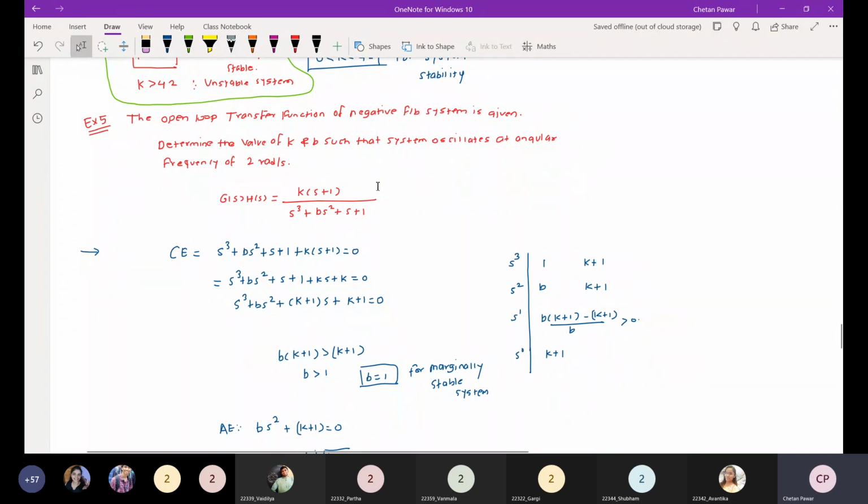They have also given the angular frequency of oscillation, omega n, that is 2 radian per second. We need to find the value of k and b such that the system oscillates at this angular frequency. So we need to find k max, or k marginal, here.